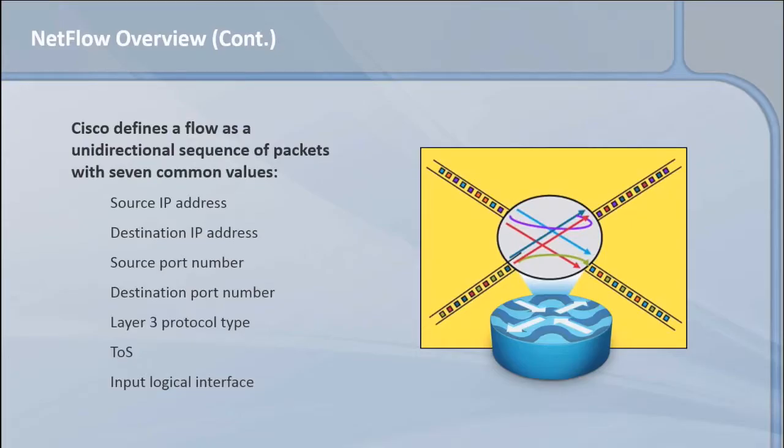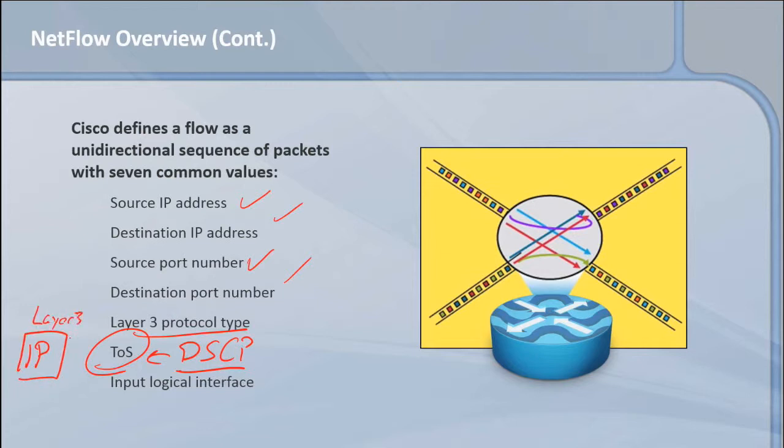So the NetFlow overview, the types of values that you can get: source IP, destination IP, source and destination port, the layer 3 protocol, your type of service field. This is where we set our differentiated services code points. So to take a big step back, in your IP header at layer 3, one of the fields is called type of service.